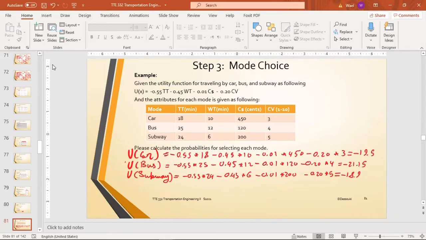So now let's calculate, first of all, e to the power U car, e to the power U bus, e to the power U subway.